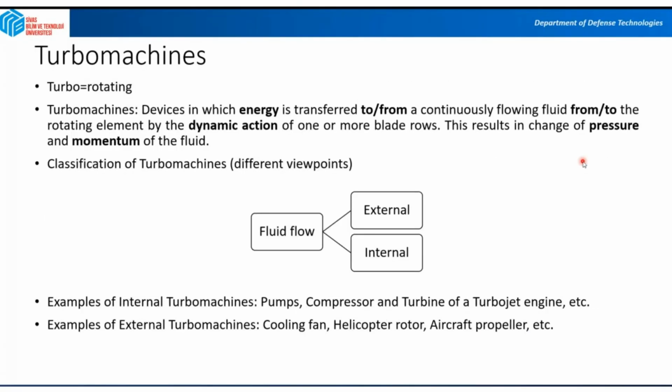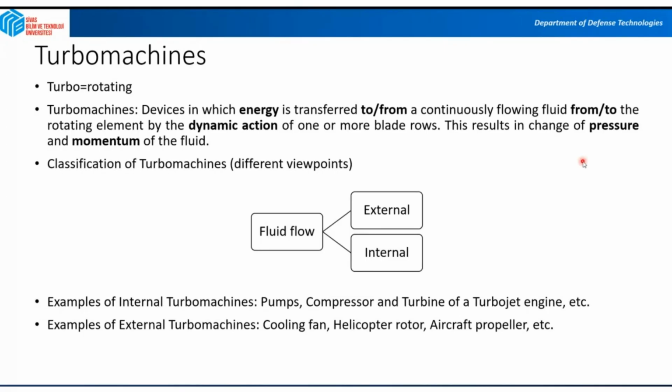So what is a turbomachine? Turbo means rotating, and turbomachines are devices in which you have a transfer of energy between a fluid, which is continuously flowing, and let's say a rotating element.